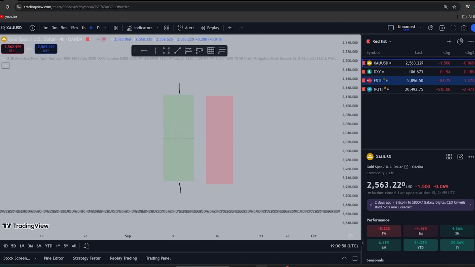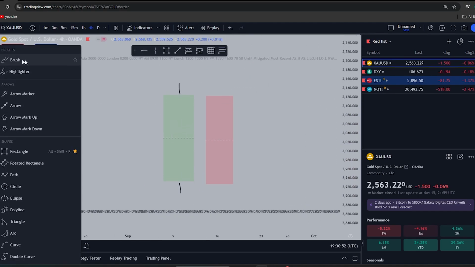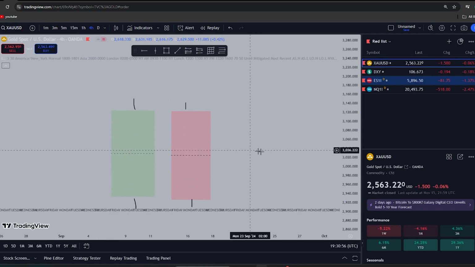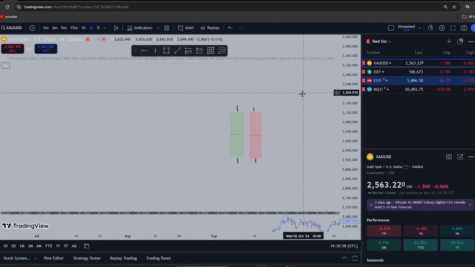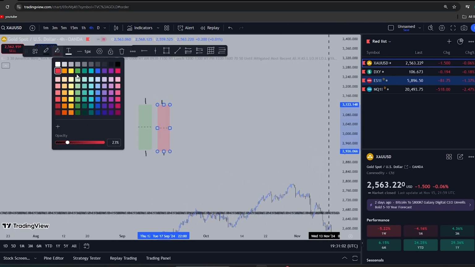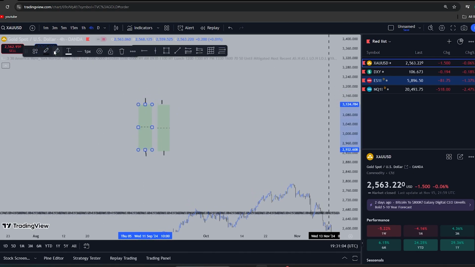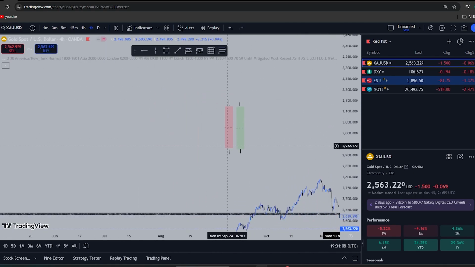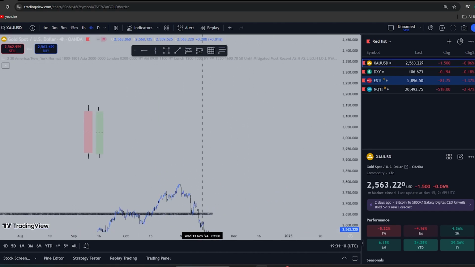This is what I would call a high, because it's a move up and then a move down. Same with a low. I would call this a low, because it's a move down and then a move up.